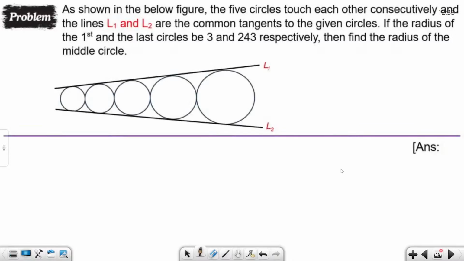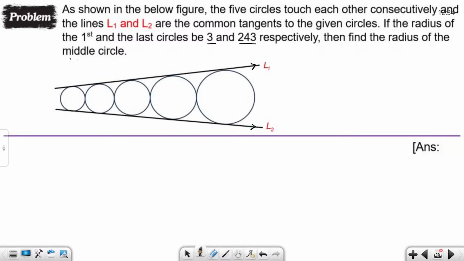Wow, it's a great question. They have said there are 5 circles touching each other consecutively, and the lines L1 and L2 are the two common tangents to the given circles. The radius of the first circle is given as 3, and the radius of the last circle is given as 243.